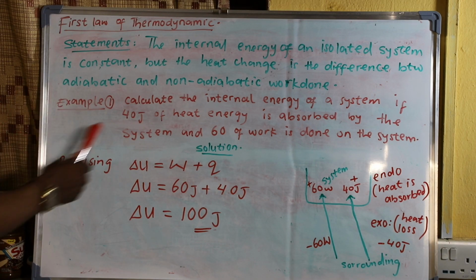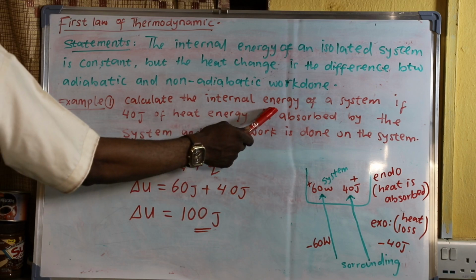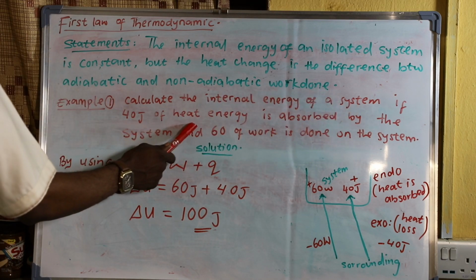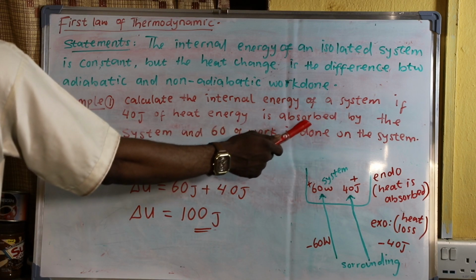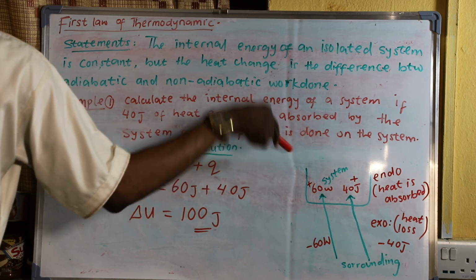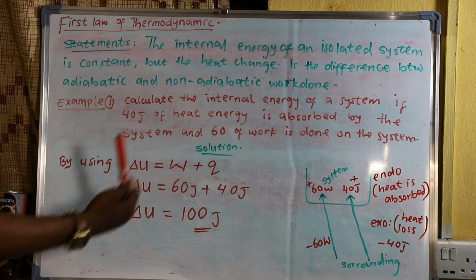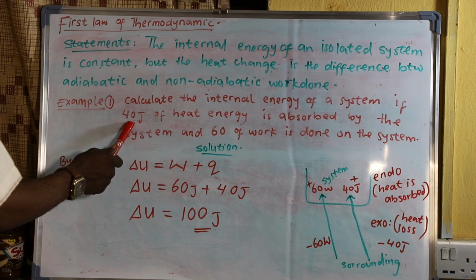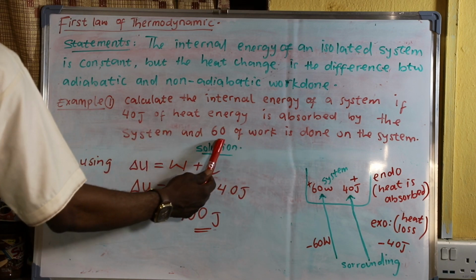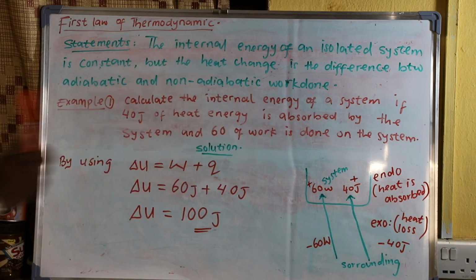Number one, calculate the internal energy of a system if 40 joule of heat energy is absorbed by the system and 60 joule of work is done on the system.